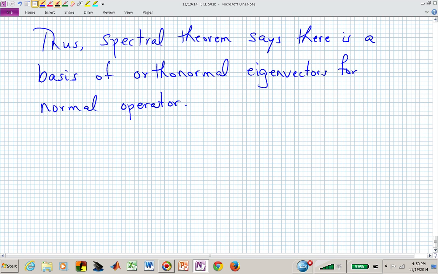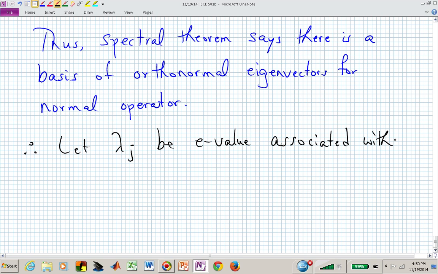If that's the case, therefore, let each of these eigenvalues, lambda sub j, be an eigenvalue associated with e sub j.